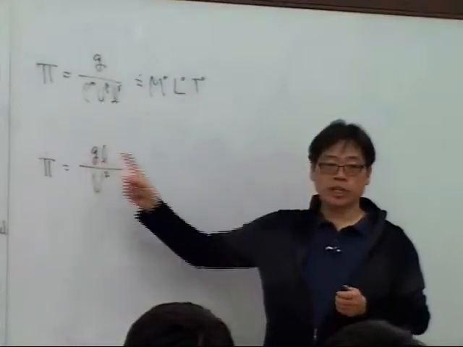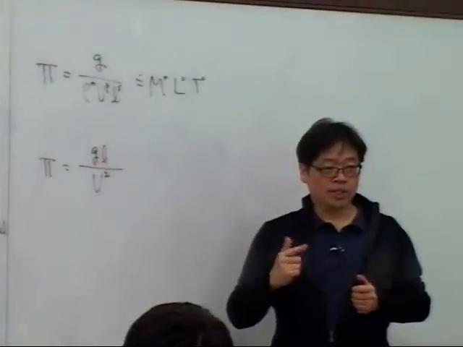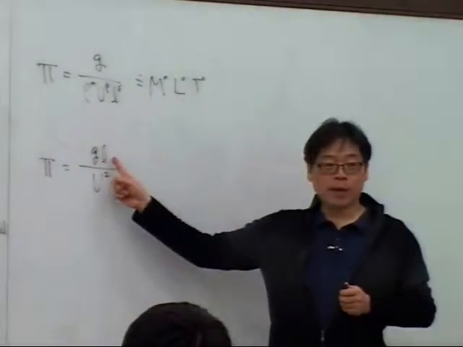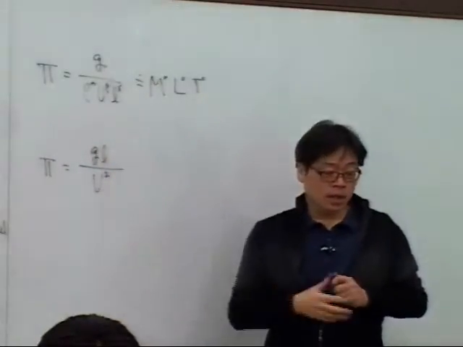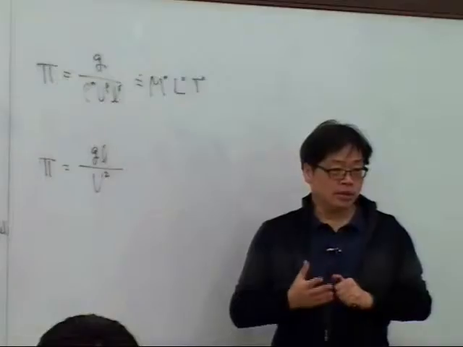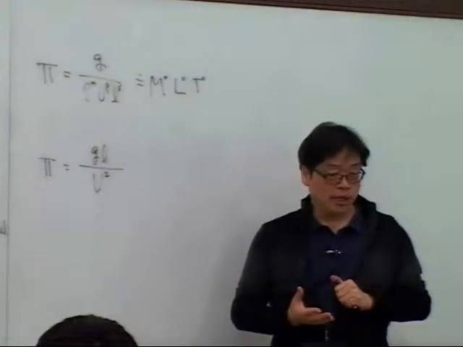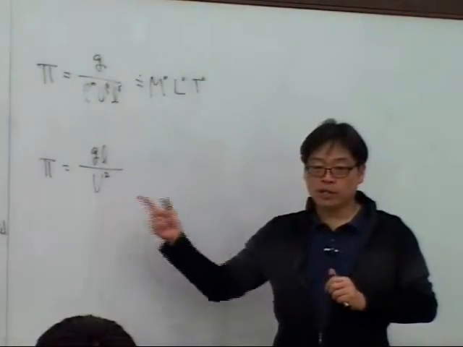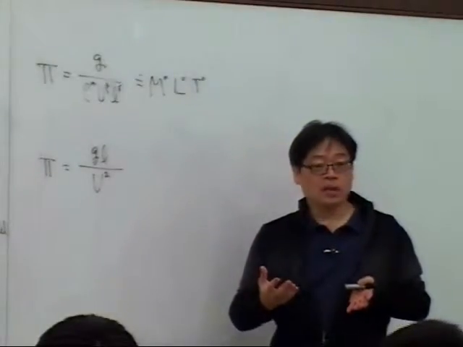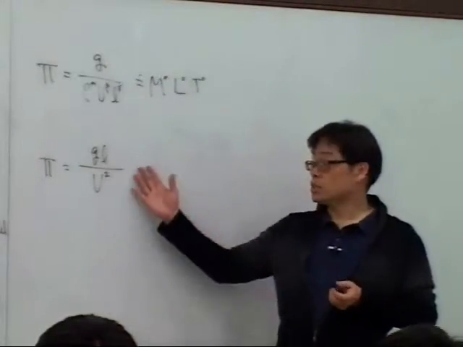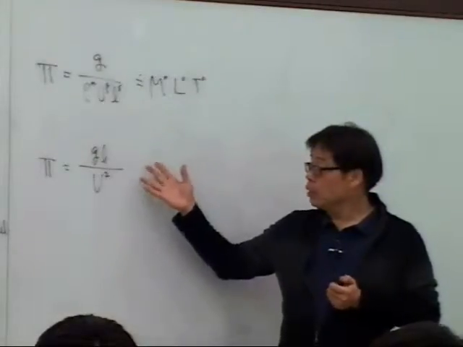And the reason is G has a dimension of L over T squared, then multiplied by L. So the dimension of the numerator is L squared divided by T squared. And U has a dimension of L over T, and you square that, and then you get L squared over T squared. So this is a dimensionless parameter.